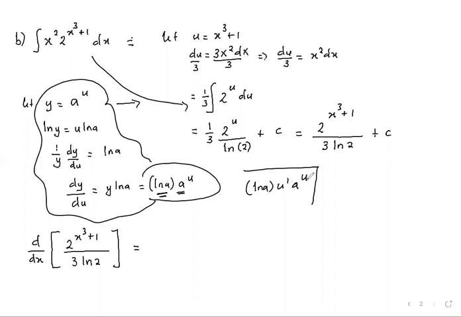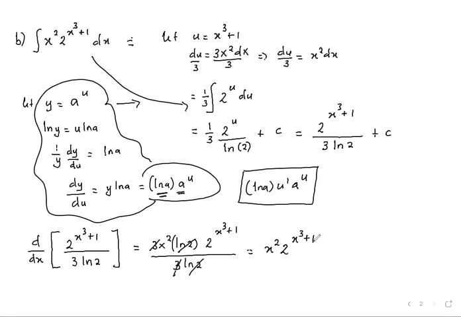So we differentiate the power, we'll get 3x squared, and then ln 2, and then the whole function, 2 to the power x cubed plus 1. But what we have here has the denominator 3 ln 2, so that the 3 takes away this 3 and the ln 2 goes with this ln 2. We end up having x squared 2 to the x cubed plus 1. Yeah.